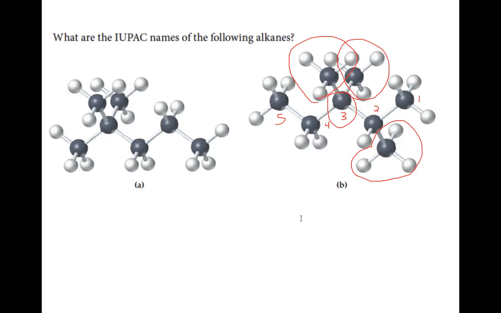So to name that, it would be pentane, because that's our parent. And what we say, we have 2, 3, 3 trimethylpentane, right?